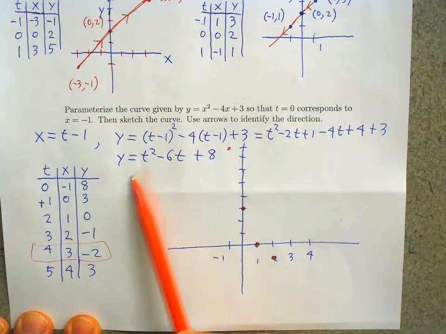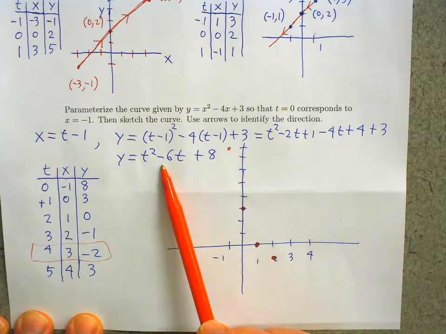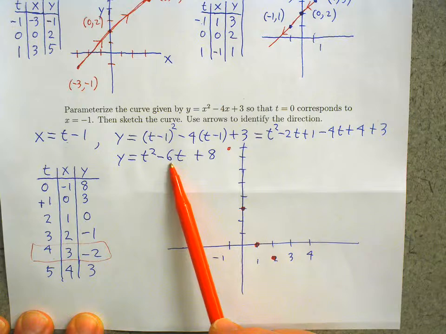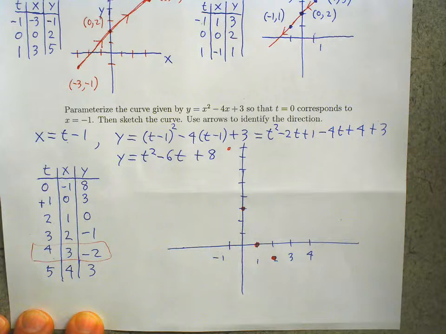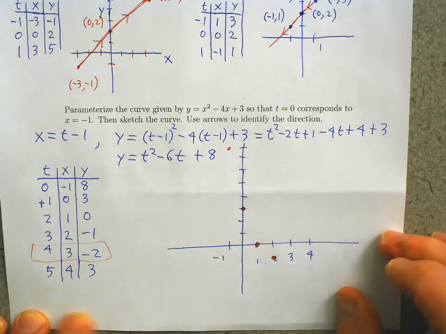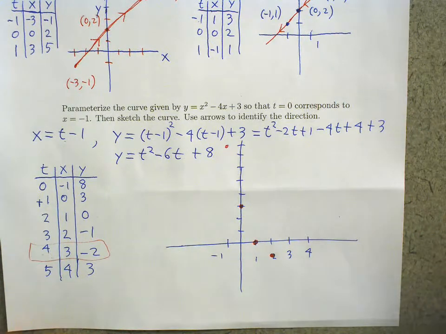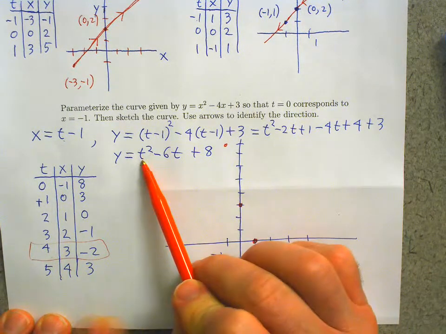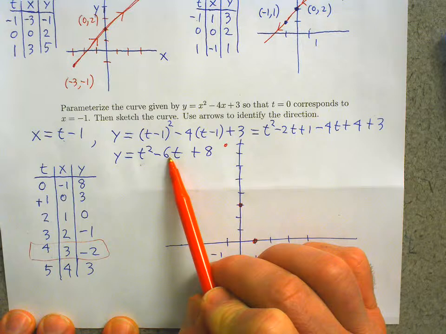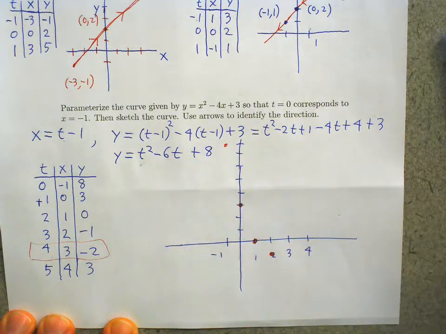3 squared is 9, minus 18 is negative 9. Negative 9. Yeah, so oh, sorry. When t is 4, 4 squared is 16. Huh.